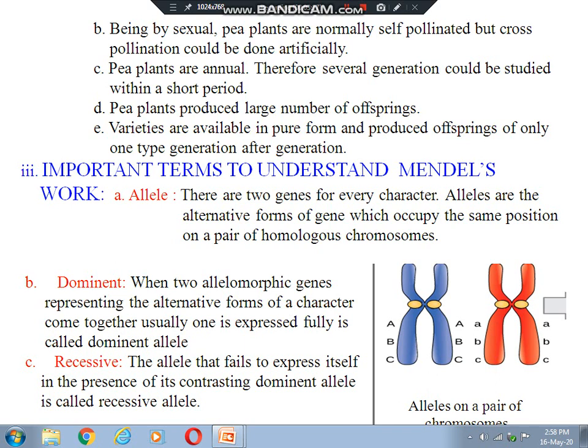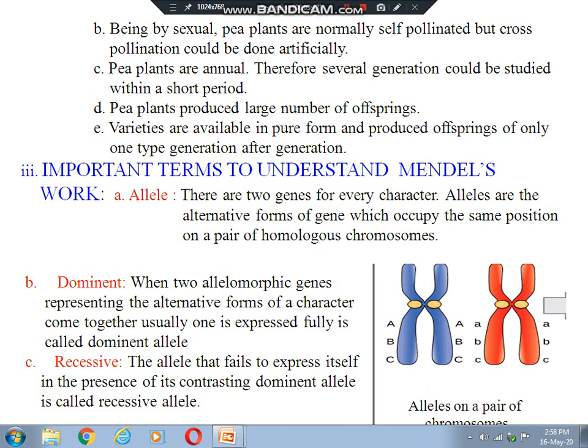Now, it is not necessary that always one chromosome will carry the dominant character and another chromosome the recessive character only. Instead of small a, it can be capital A also in the red chromosome. Instead of capital B in the blue chromosome, it may be small b also.